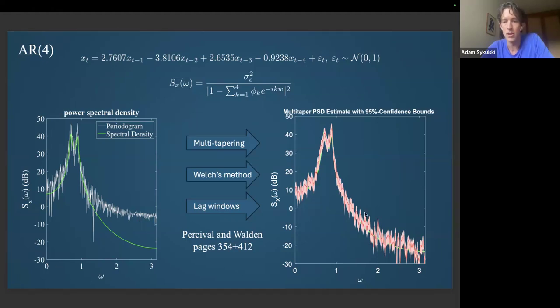But, as you can see, it still has maybe some bias, and also nothing comes for free. By smoothing, we potentially also add correlation in our density, and we might lose some resolution as well if peaks get close together. So there are always trade-offs happening.